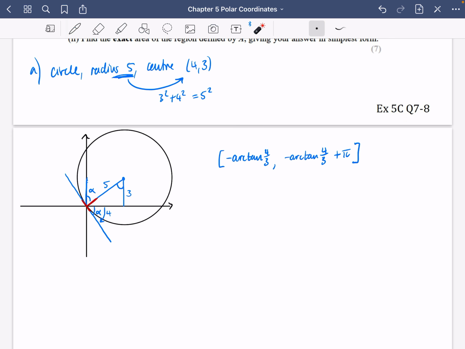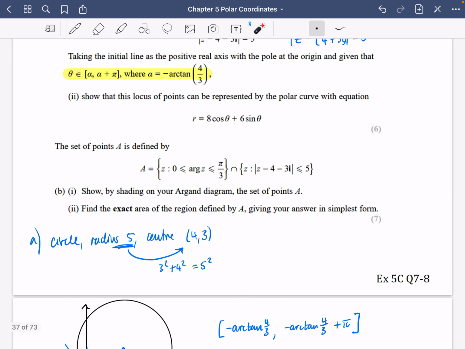And then when you add pi onto this angle here, it's going to be from here all the way around to here. In other words, it's talking about the angles contained inside all of that section. That's why it's giving you this extra bit in yellow. It's just giving you the range of values of theta. But you don't actually need to use that for part 2.